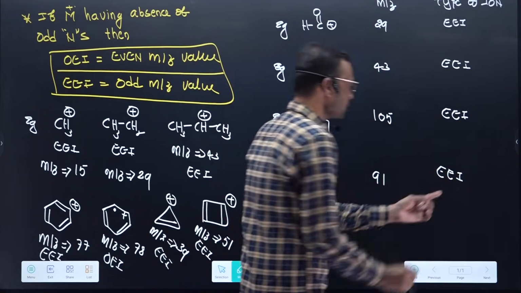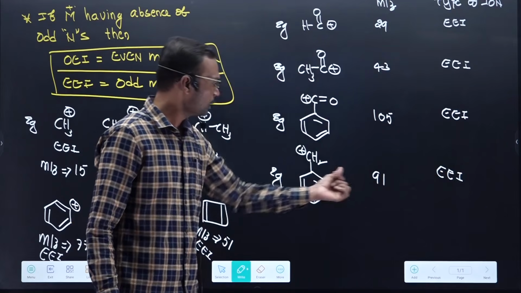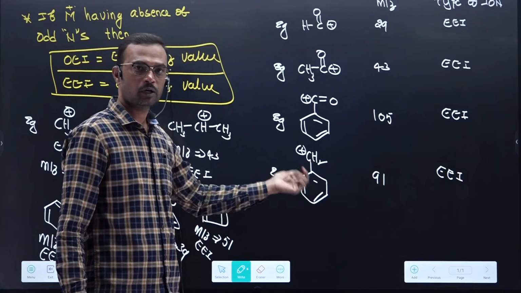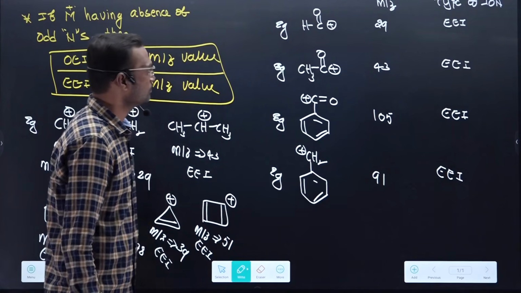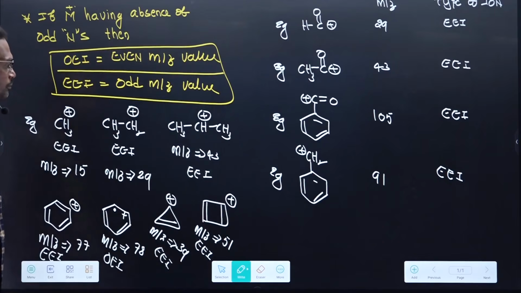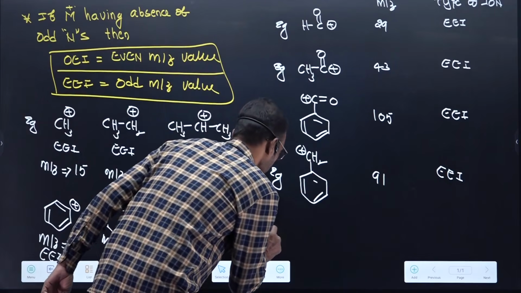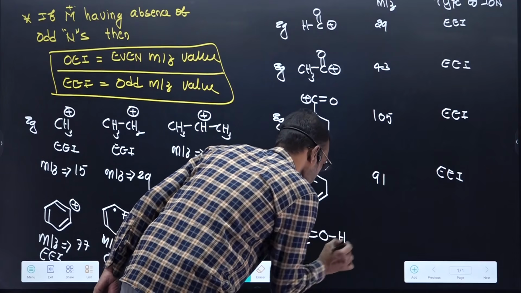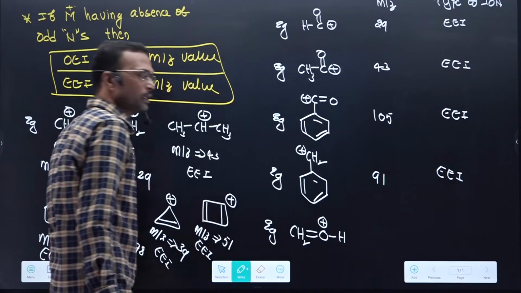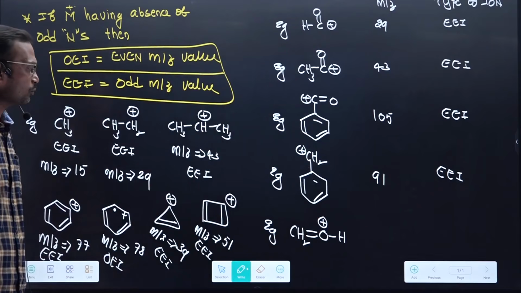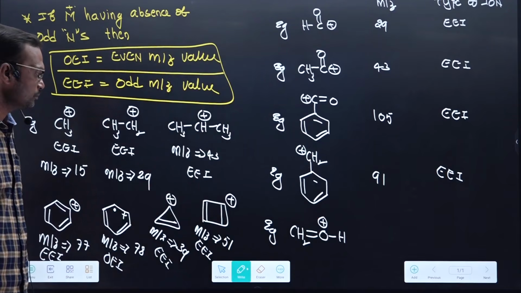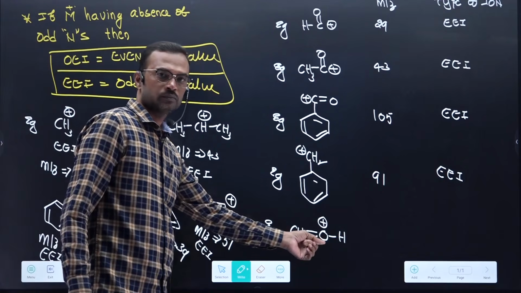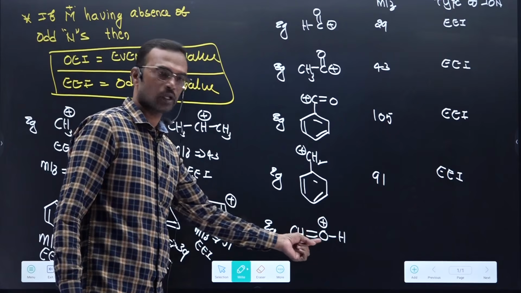See, on which basis am I saying even electron? Based on the number of electrons. This other one is based on the mass, the number of carbons, the number of hydrogens, etc. Suppose I take an oxygen with CH2 double bond O, and here it is H, and here a positive charge is present. What will be the m/z value of this species? Every oxygen is 16, every nitrogen 14, every carbon 12.